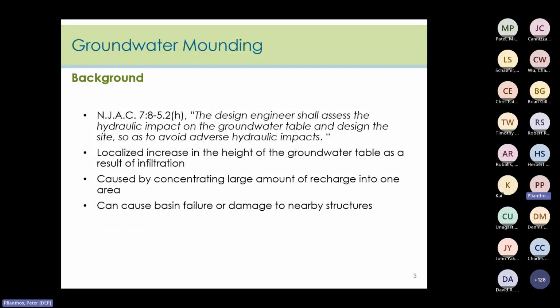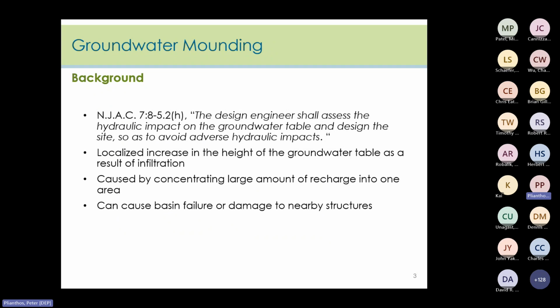Well, in order to describe what is an adverse impact, let's take a look at what happens when we infiltrate stormwater. Below the surface, the groundwater table rises locally, and then it needs some time to spread out before returning to stasis. When we force a concentrated amount into one area, we get mounding. This increase slows down the ability of the basin to infiltrate.